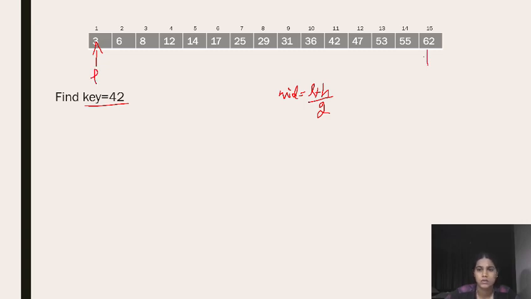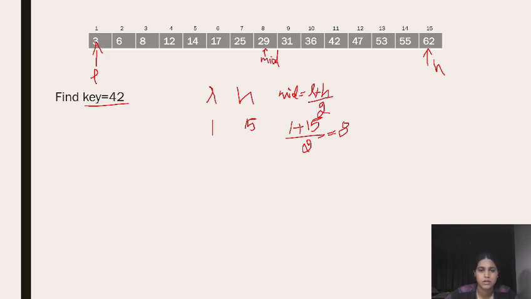The high is the last position, which is the nth position, that is 15. To find the mid, we have the formula L plus H by 2, which is low plus high by 2. Low is 1, high is 15. So 1 plus 15 divided by 2 is 8. The mid will be the 8th position, which is 29.